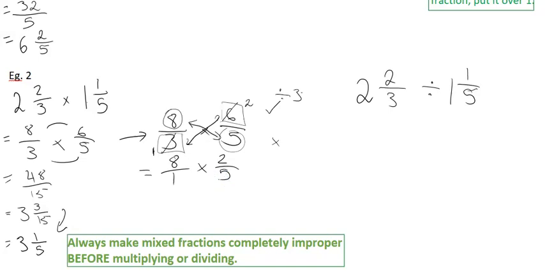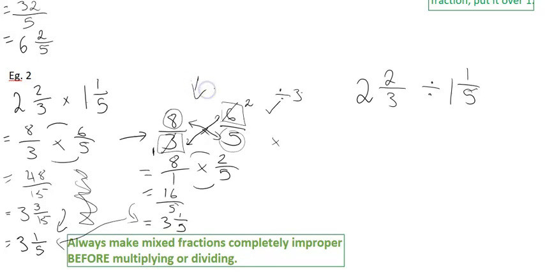Much easier numbers, much easier calculations, and top by top, bottom times bottom. So it becomes 16 over 5, and then straight to 3 and 1 over 5. See how we skipped all of these larger numbers in here and went straight to that answer down there. See that? So you still get to the same answer much faster because you cross simplify at this point.